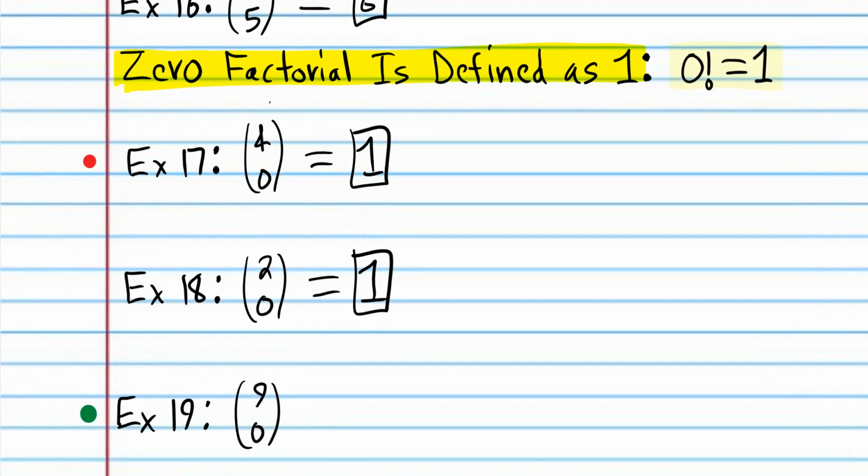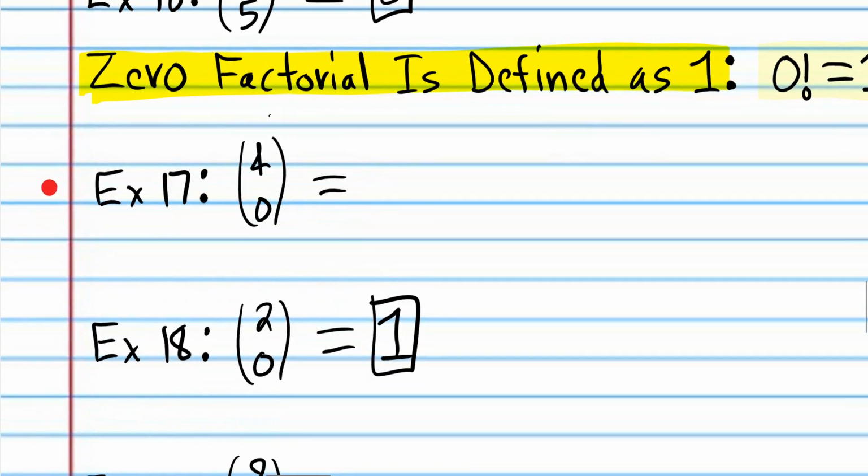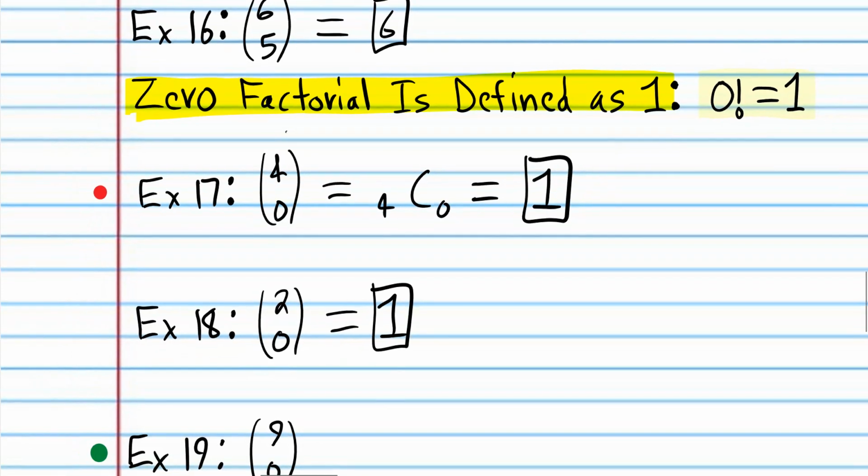Now remember, we defined 4 on top of 0 with parentheses as 4C0. So conceptually what this means is we're choosing 0 things out of 4 total. So how many ways can you choose? This expression tells us how many ways you can choose 0 things out of 4 things, but that doesn't make sense.